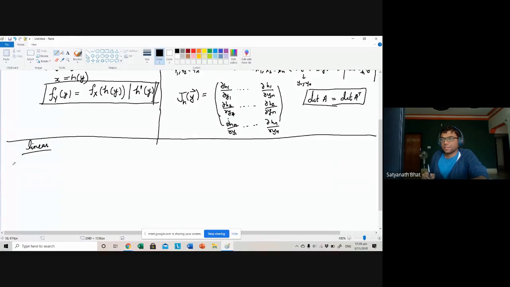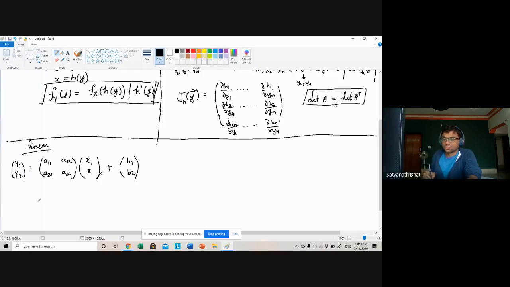Let's take y1 and y2, and write it as some linear matrix: a11, a12, a21, a22 times x1, x2, plus let's say b1, b2.